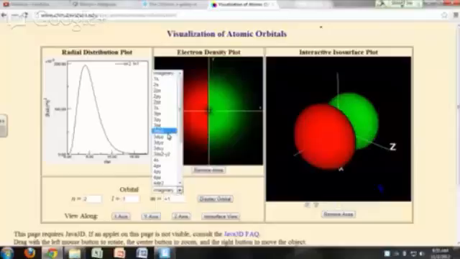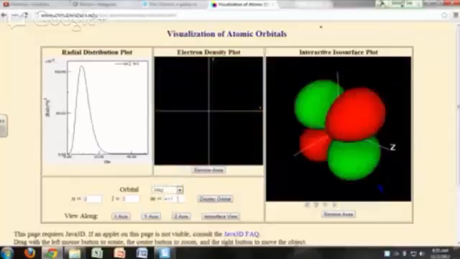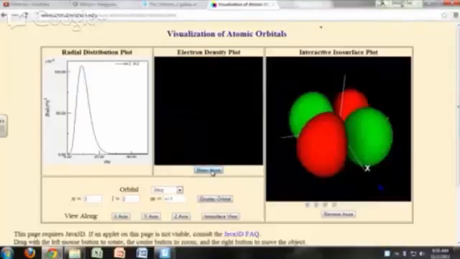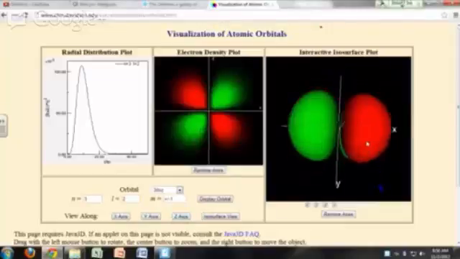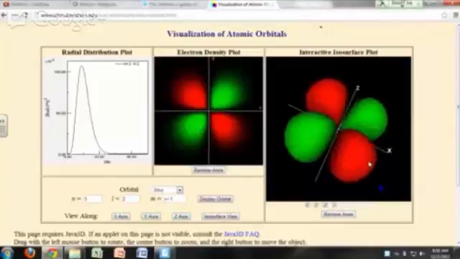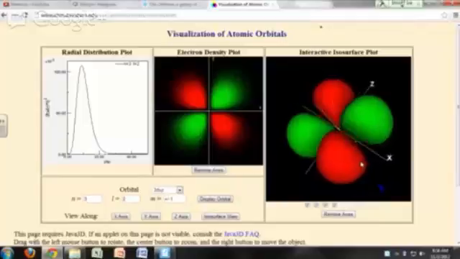But if you want to look at, let's say, 3dxz, you can look at it from different perspectives, and you can see that this particular orbital is a linear combination of orbitals with m equals plus 1 and m equals negative 1.